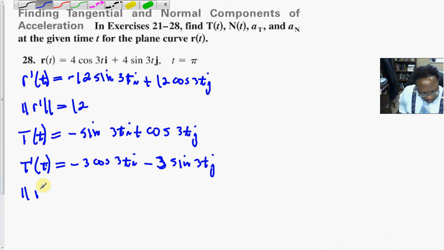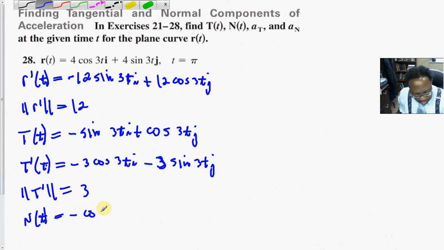The norm of T prime just gives us 3. So the normal vector is just the tangent derivative divided by 3. So we get negative cosine 3t i minus sine 3t j.